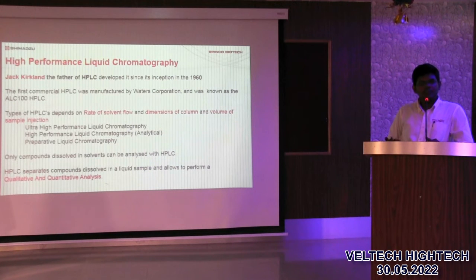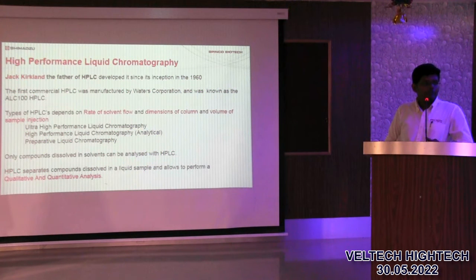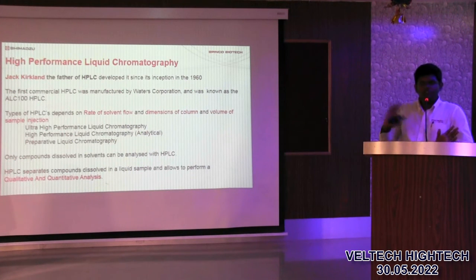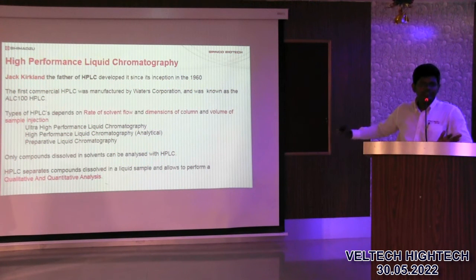For them, the price difference is not a matter at all. They will just go and get the instrument, because time is money. They can't wait for 40 minutes. Instead, they can go for those 4 minutes, complete their process and send their product out or export it. So UHPLC saves time, whereas HPLC takes time.